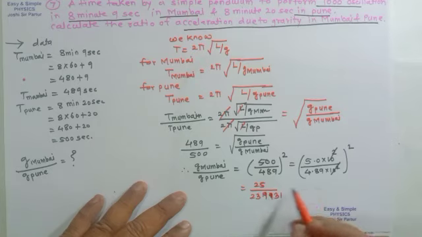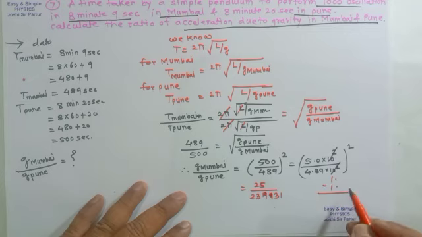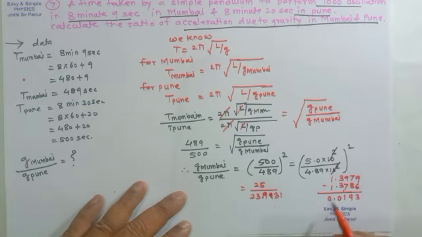It will be 23.9913. So by taking log, log of 25 will be 3979 and log of 23 will be 3786. In 9, 1 is in mean difference. Subtracting, we get 0.0100. Take antilog.